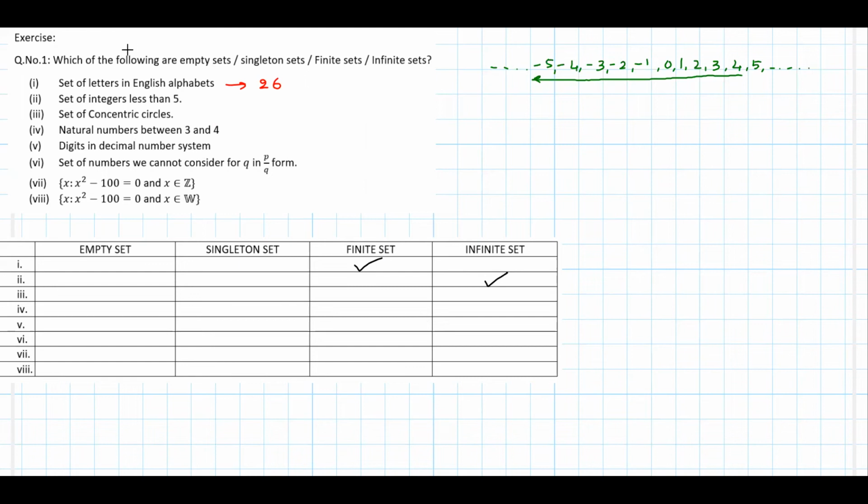Okay. Next, the third question. Set of concentric circles. So what does it mean by concentric circles? Circles having same center. For example, this is the center and I can draw a circle and the radius is, let's say, R1. Now let the circle be C1. Okay. Now can I draw another circle with the same center?